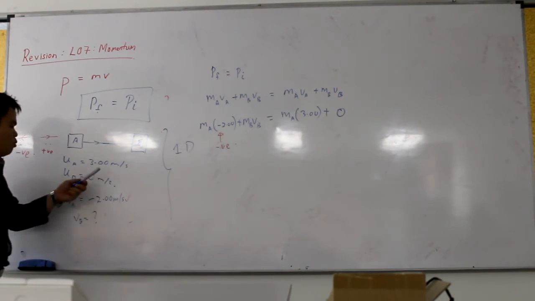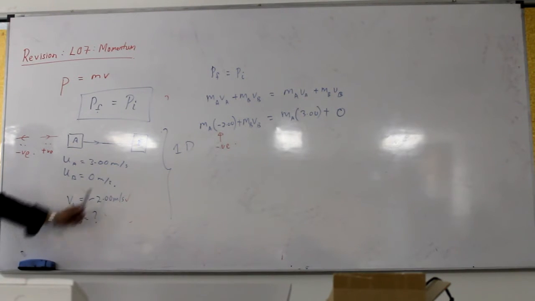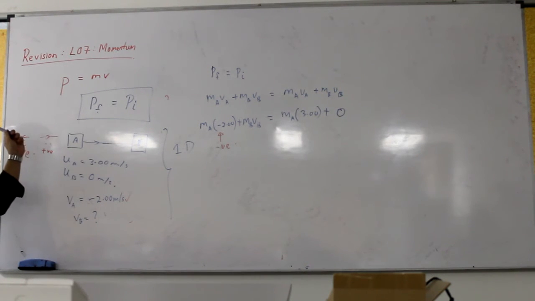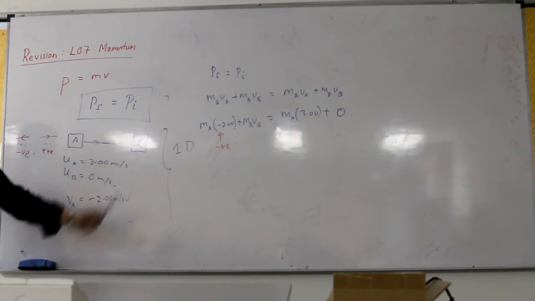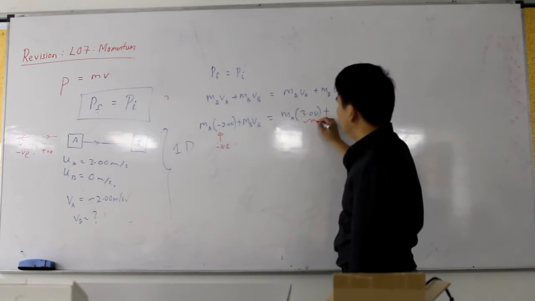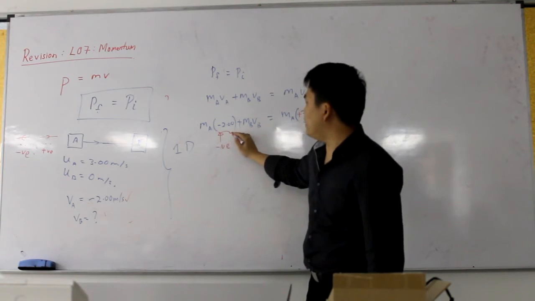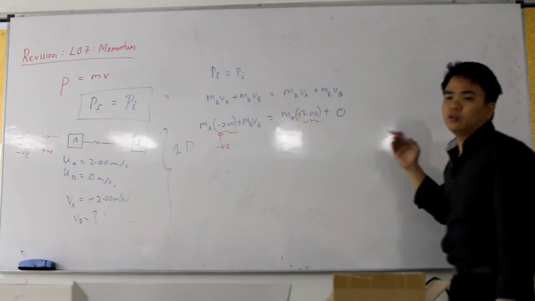For this case, the final movement of A is to the left, whereas the initial movement of A is to the right, and you should consider accordingly. So the initial here is 3, which means it's plus 3. On the other hand, here it's minus 2, and you can solve the equation.